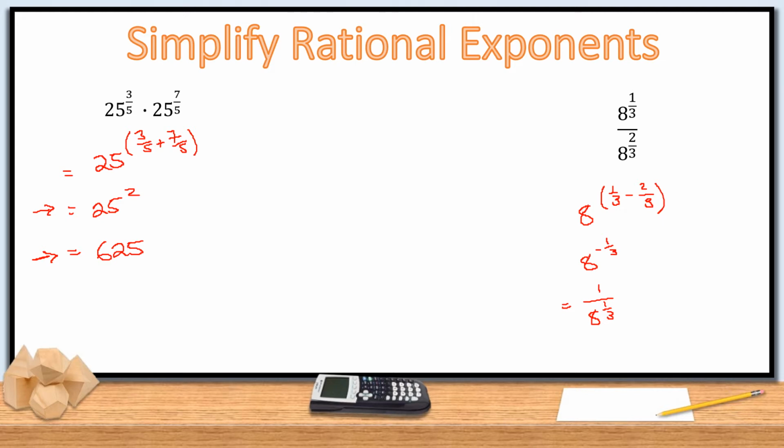Now the reason why we would go into this step is often the question will say you're not allowed to have negative exponents. So they need to be rational and they need to be positive, is typically what you're going to get told. So if that happens, any negative exponents, you immediately put the number underneath the fraction with 1 on top, unless there's another value that you can use as the numerator.